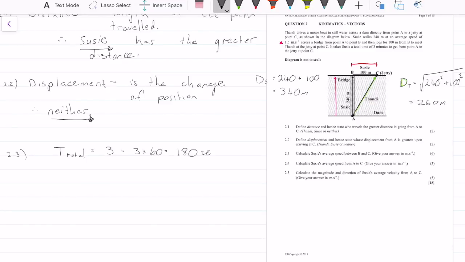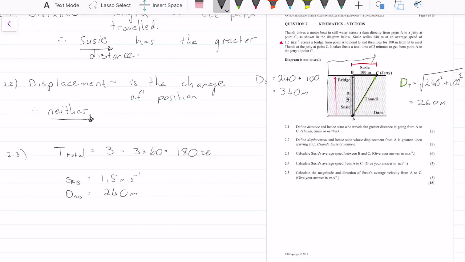So that's the total time she takes to do this whole trip from A all the way to C. Now we've been given the speed for the section from A to B. The speed from A to B is equal to 1.5 meters per second. And we also know the distance from A to B is equal to 240 meters.